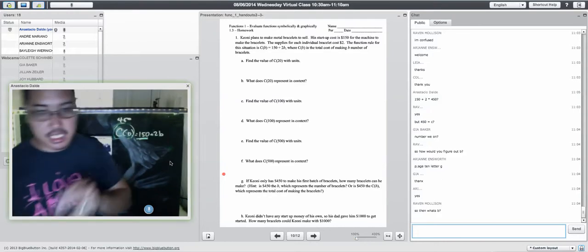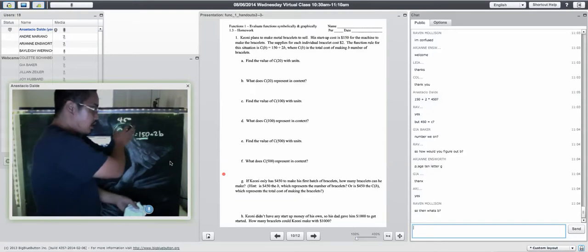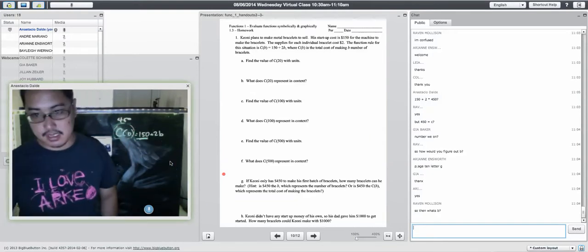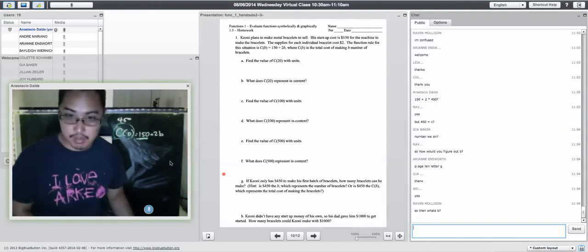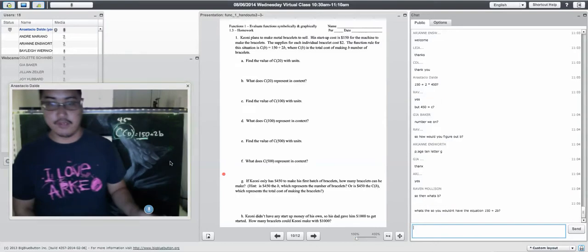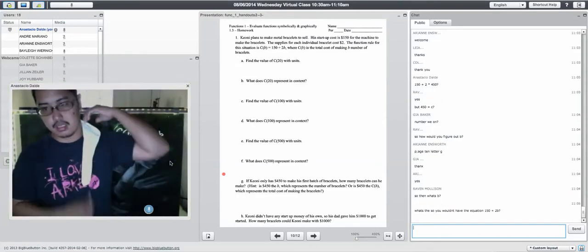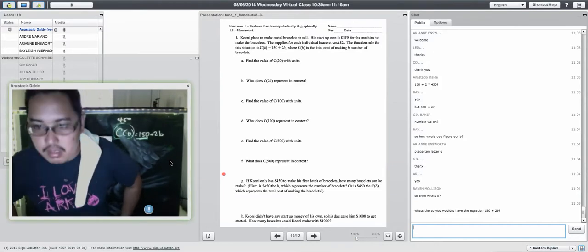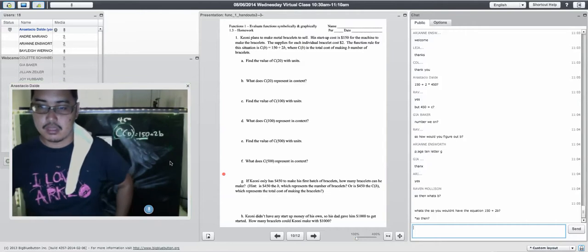For parts G and H, it's asking you a little backwards. It says, if I tell you the cost, I tell you this side, figure out the number of bracelets I can make. If I give you the amount of money I can let you borrow, figure out the number of bracelets I make. So you wouldn't have the equation 150 plus 2b.